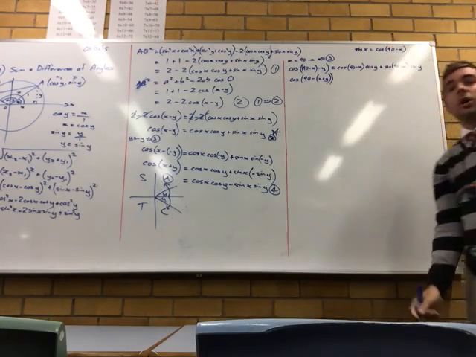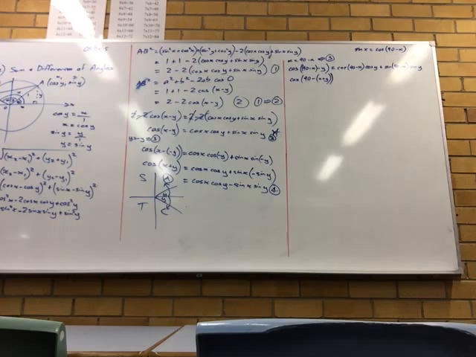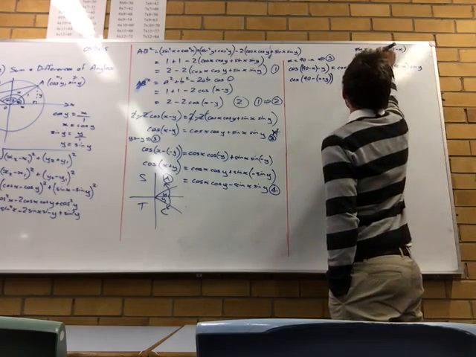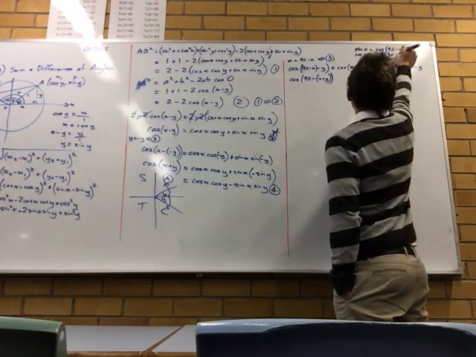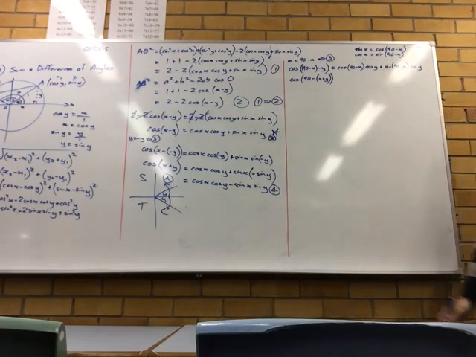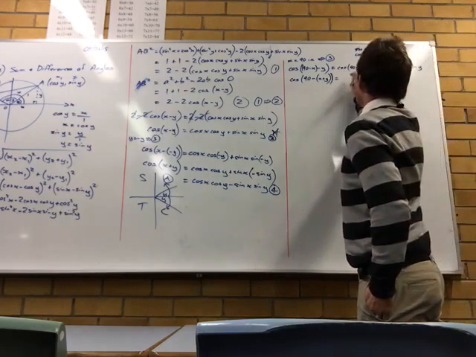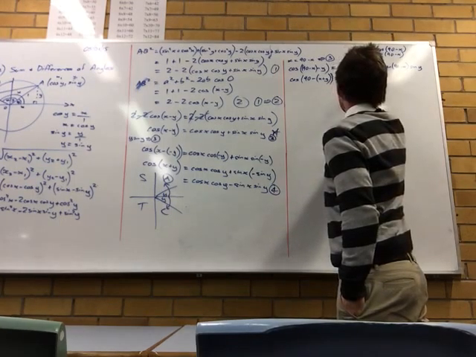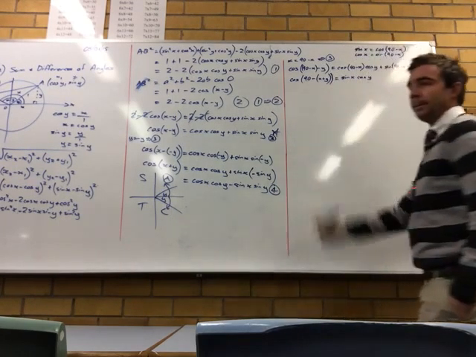And going back to your complementary angles work, we had that result as well. The sine of x equals cos of 90 take away x, and cos of x is equal to sine of 90 take away x, using a complementary angles result that we had done earlier this topic. So cos of 90 take away x, which is sine of x, times the cos of y.